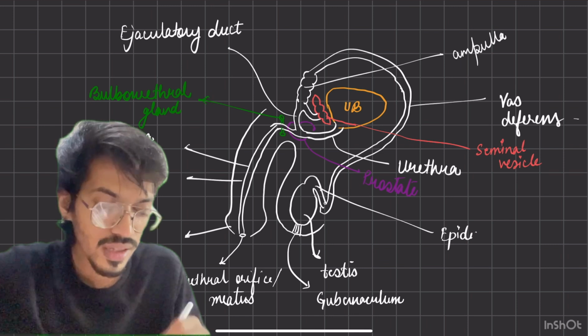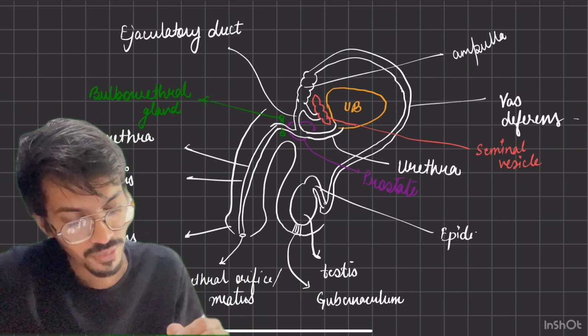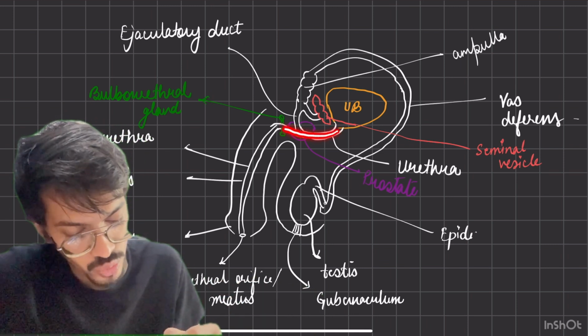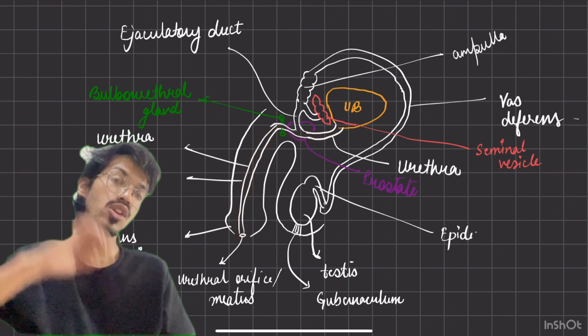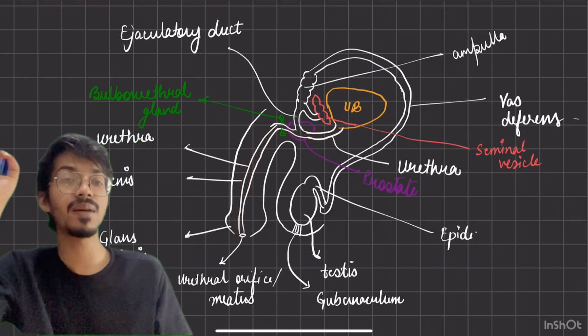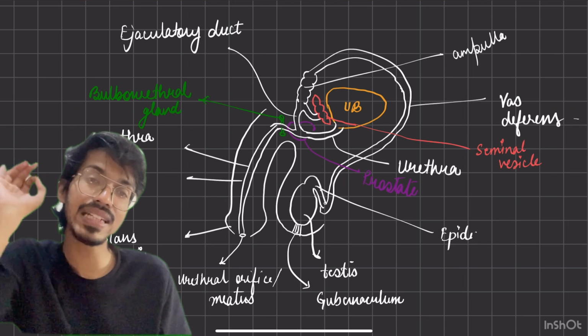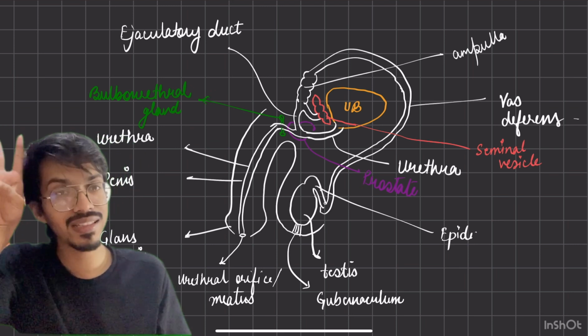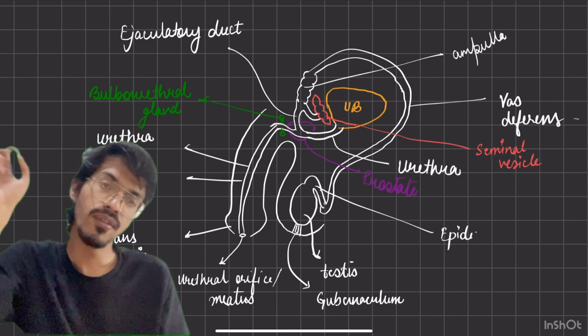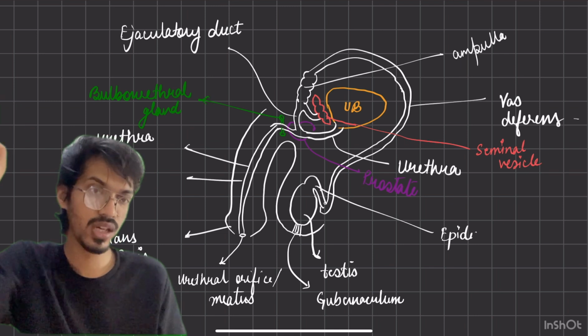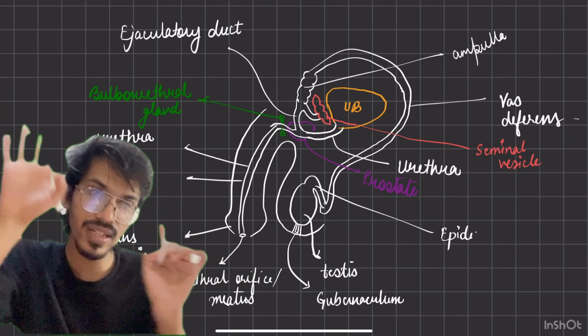Now the urethra that you are seeing, from this area to this area, is longest in males compared to females. It is 20 centimeter long and has 3 parts. We have the prostatic urethra, present close to the prostate region.